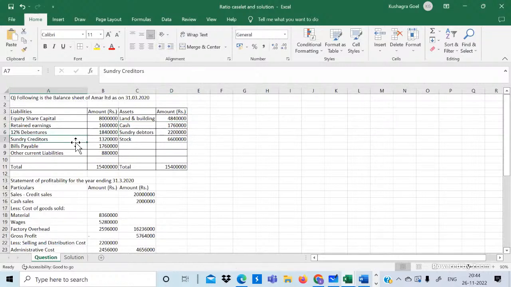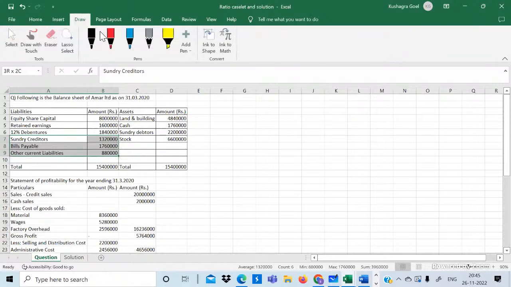My current liability will consist of creditors, bills payable, and other current liabilities. So take cash and debtors in the numerator, creditors, bills payable, other current liabilities in the denominator.